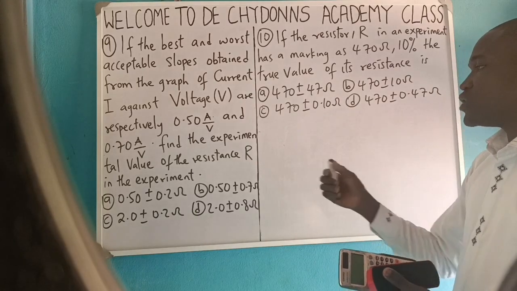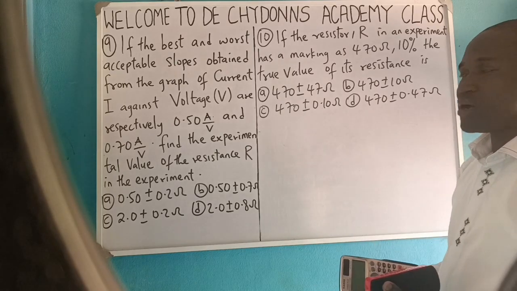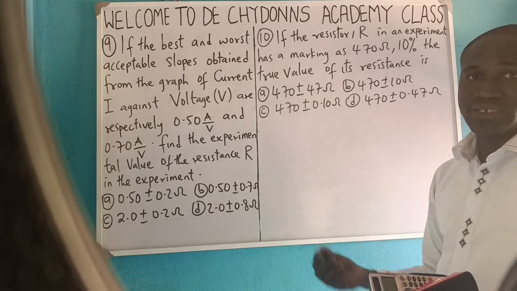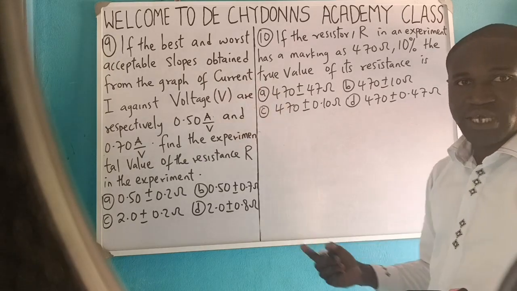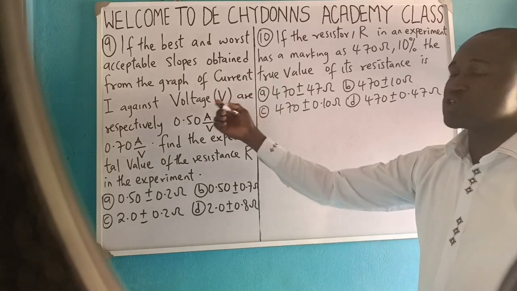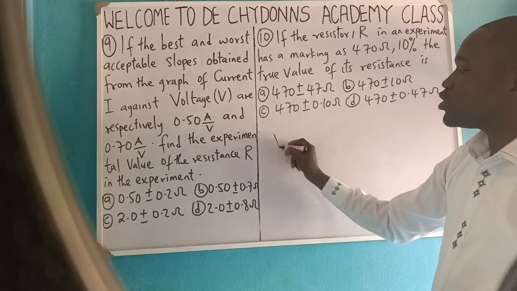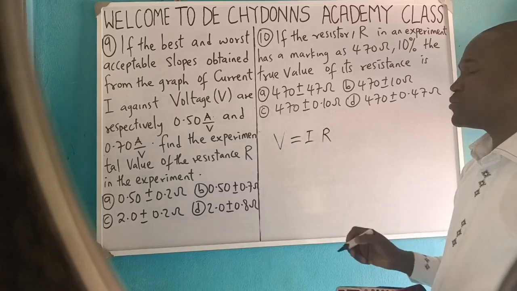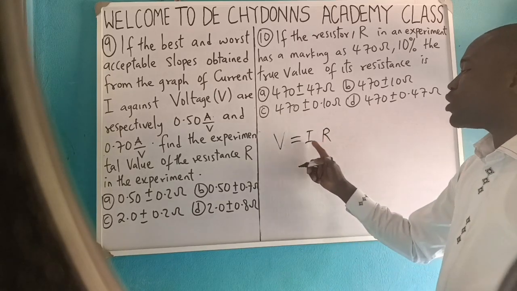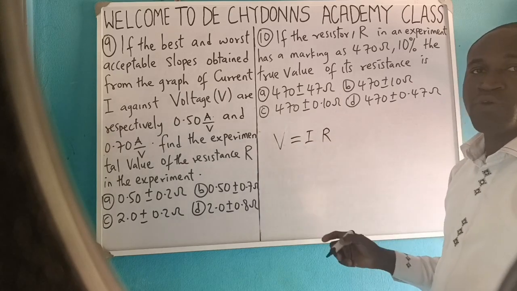Now, if you are given a question like this, ask yourself, what experiment are we talking about? It is electricity, because we are talking about current and voltage here. Voltage is also known as potential difference, right? Now, we remember Ohm's law that V equals I R. If you are to plot a graph of I against V, make I the subject of the formula.